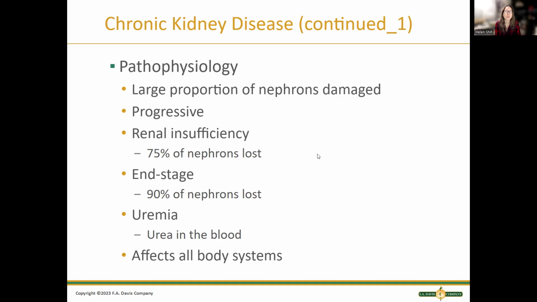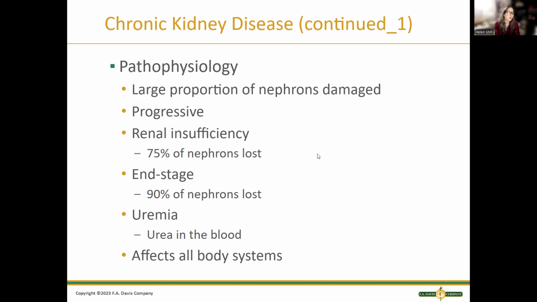And so you have a progressive worsening of once one nephron dies, several more nephrons are going to die as a result of increased pressure as well as increased workload. This is also known as renal insufficiency, in which more than 75% of nephrons have been lost. It's known as end-stage chronic kidney disease if up to 90% of the nephrons have been lost.